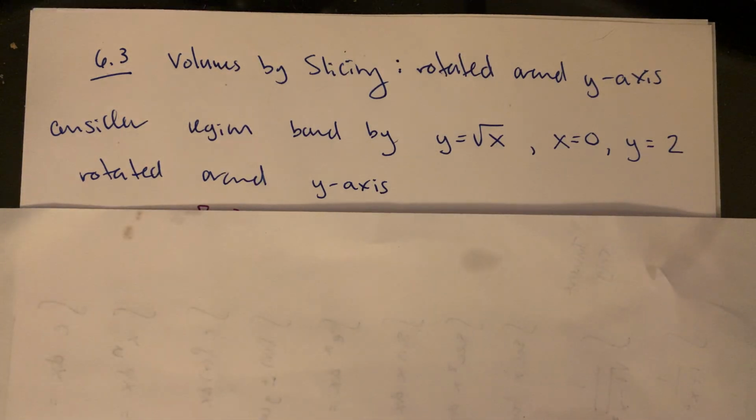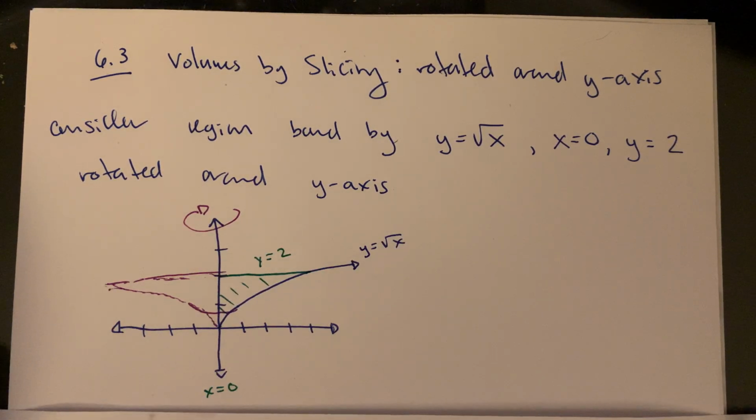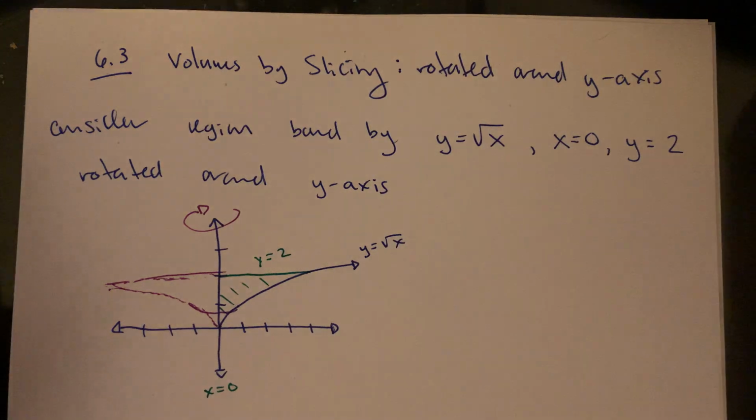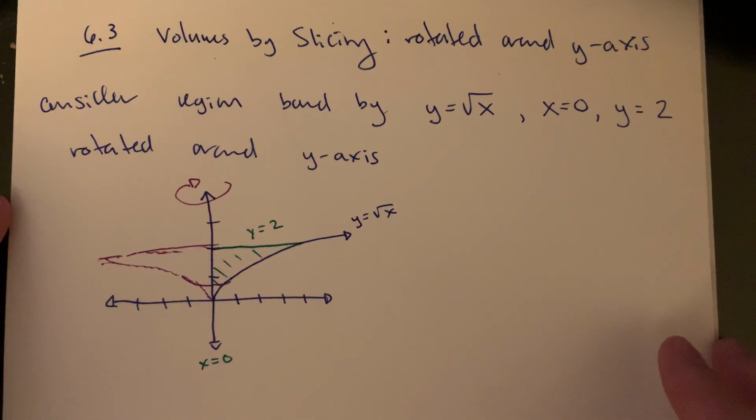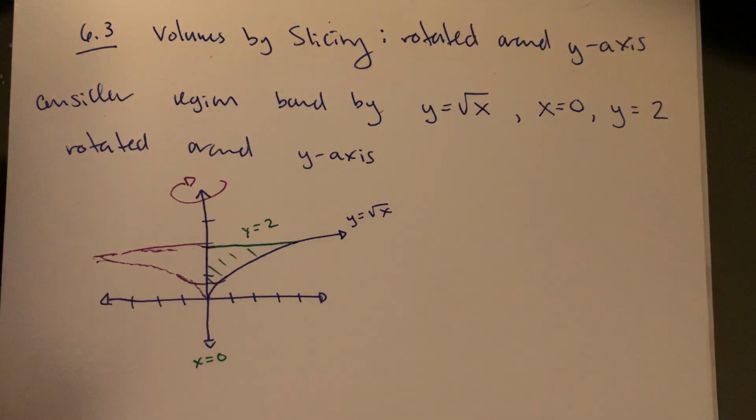Anyway, let's look at a region bound by y equals root of x, x equals 0, and y equals 2. We're going to rotate it around the y-axis. I've started to make a sketch here. I stopped just short of drawing in some of the discs themselves.